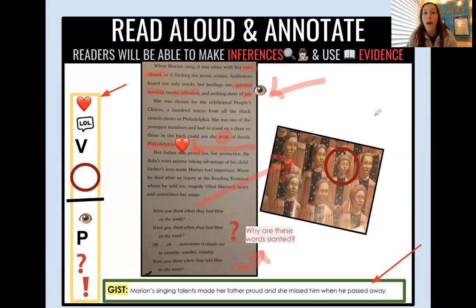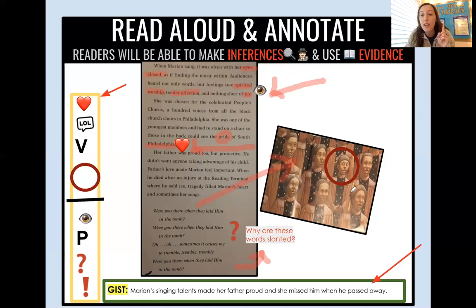So if I think about what I visualized, what people felt when Marian was singing, if I think about how she was the pride of Philadelphia, and I think about the song that she sang after her father passed away, I could take all of that and think about, what is this page mostly about? If we think about our who or what, it's about Marian and it's about her father.